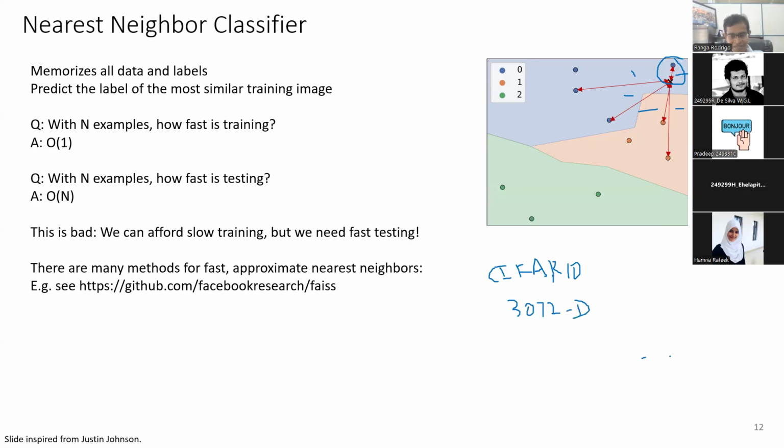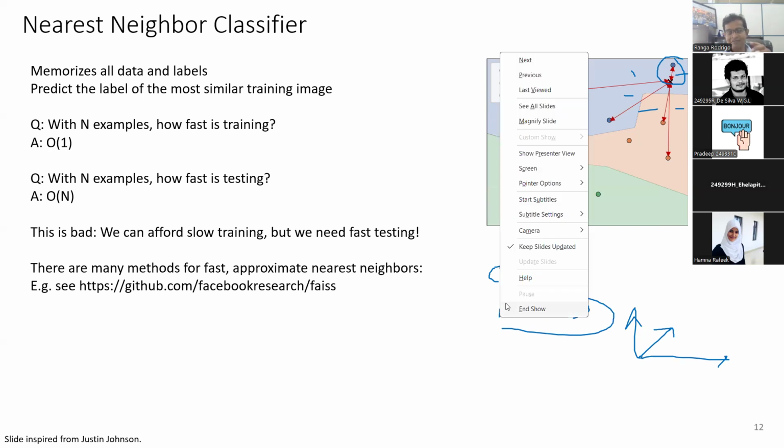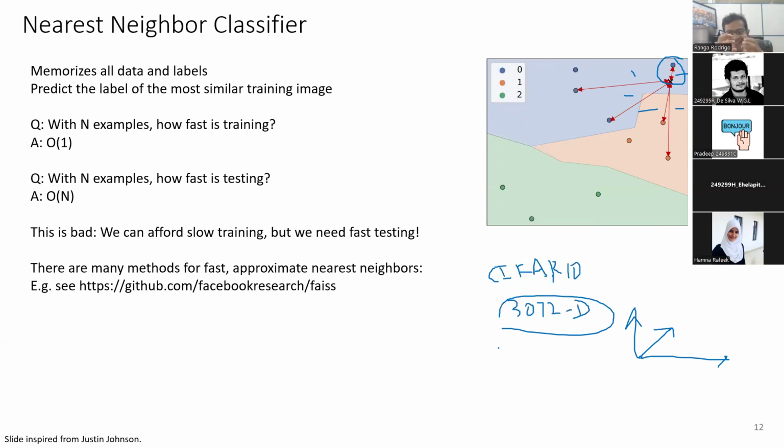Therefore, your space will not be 2D, not 3D, not 4D, but 3072 dimensional. You cannot even imagine the dimensionality of this. Within that, you have to find the distances.